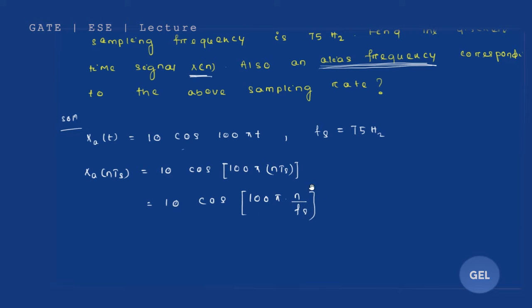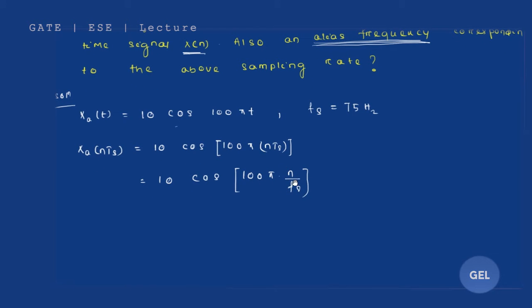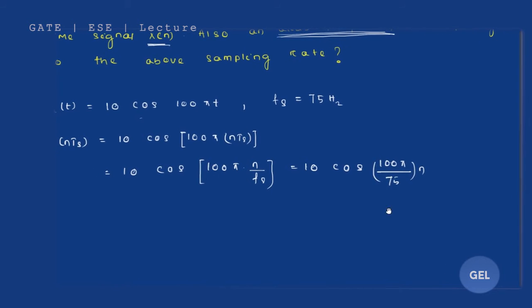Now this n by fs can be written as 10 cos 100 pi by fs, and the value of fs is given as 75, into n. Clear? Now this can also be written as 10 cos 100 by 75, which will be 4 by 3, I think, 4 by 3 pi n. Clear this concept? We just cancelled it out.